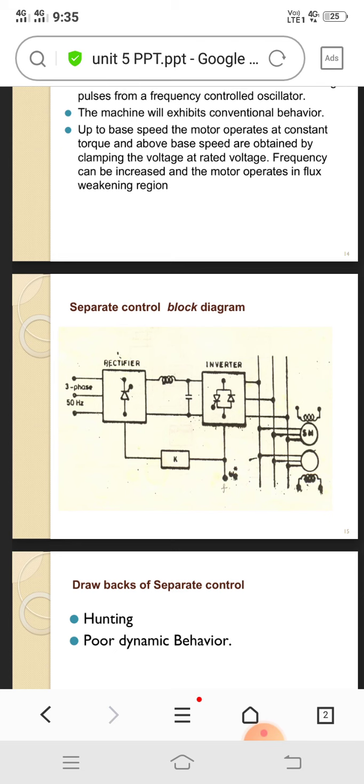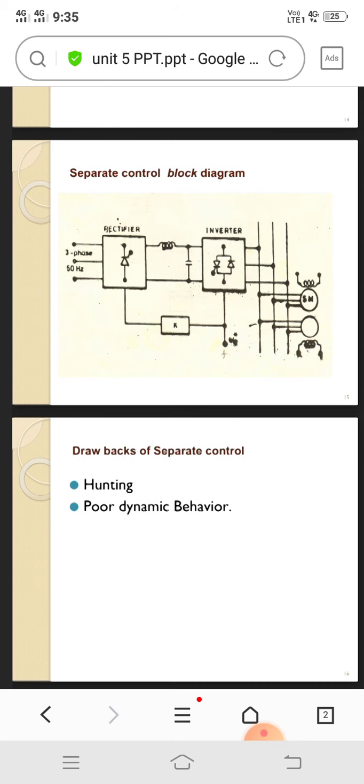Then the corrected output is transferred to the synchronous motor. This process is a closed loop process, which is how the separate control synchronous motor does this work.